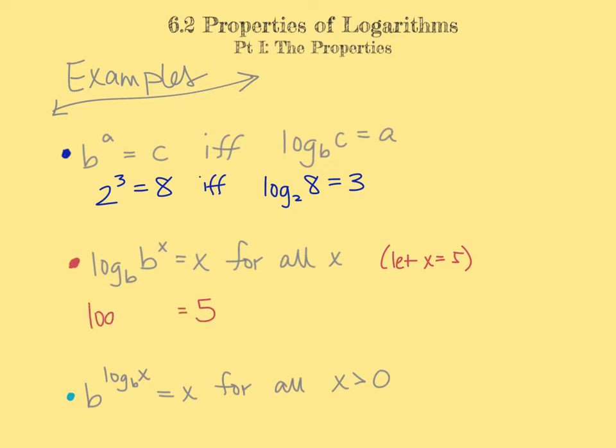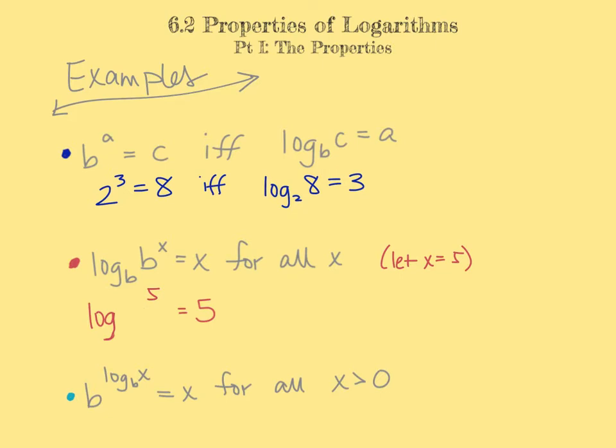If I let log, let's say we said log base 3, we could write 3 to the 5th. And this is a true mathematical statement. Log base 3 of 3 to the 5th equals 5. What's another way that we could write this? We could really come up with any b value. And we could say that just log base 10 of 10 to the 5th does equal 5 as well.